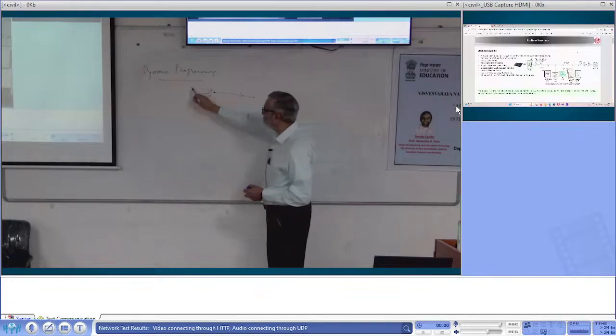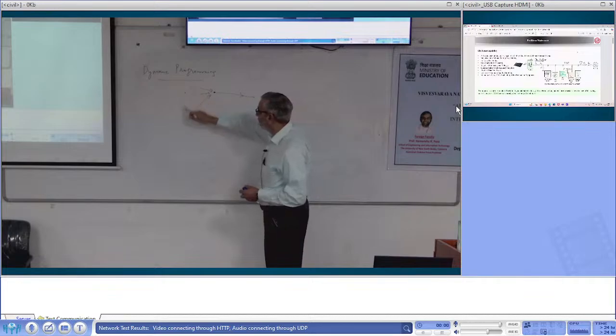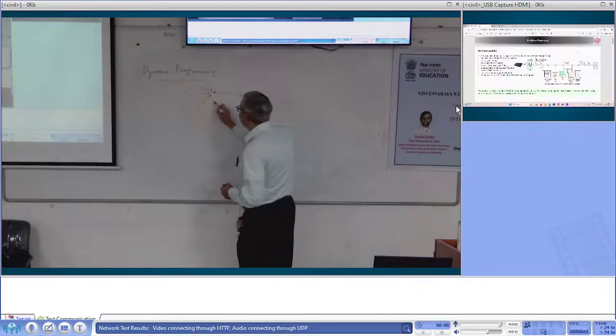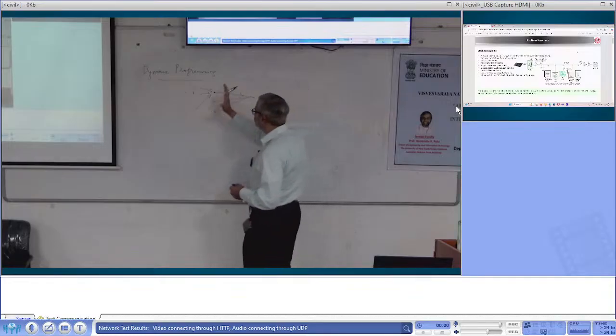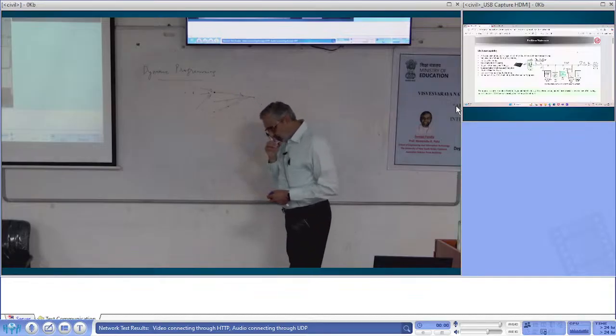So if you've got many states from which the optimal path is given, if you are here, you have to only work out this plus this. You don't have to work out the optimal path following that, because that's already decided.